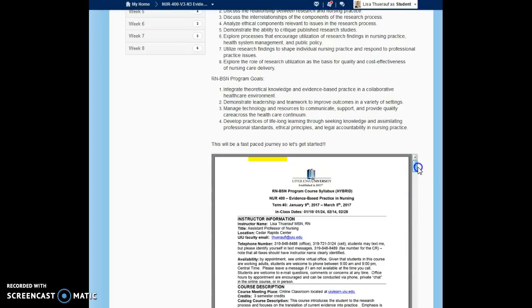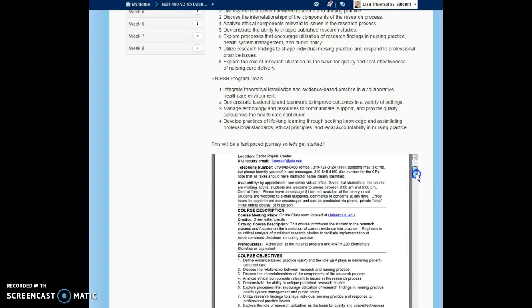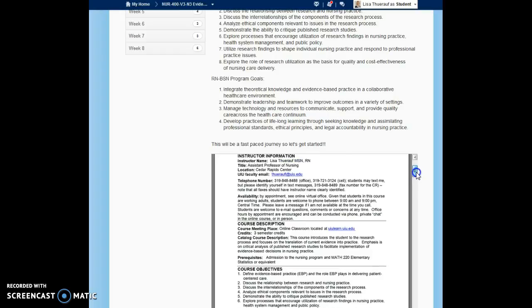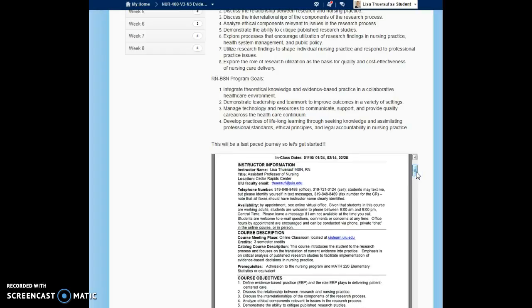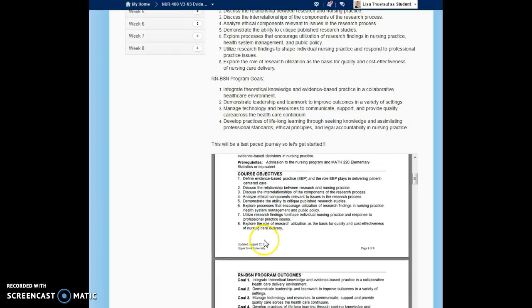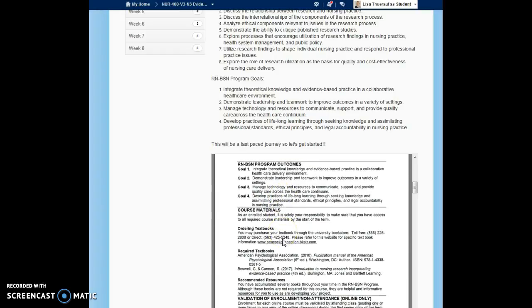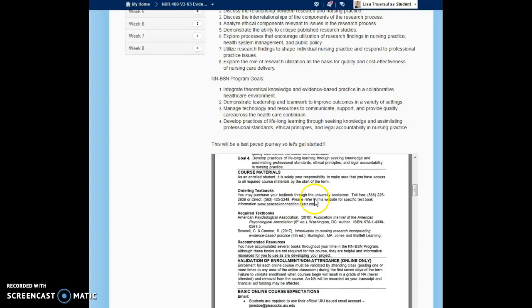here's the syllabus. It's pretty much the standard nursing syllabus. The only thing that's different is my information, the description, course objectives, and textbooks and the assignments and stuff.